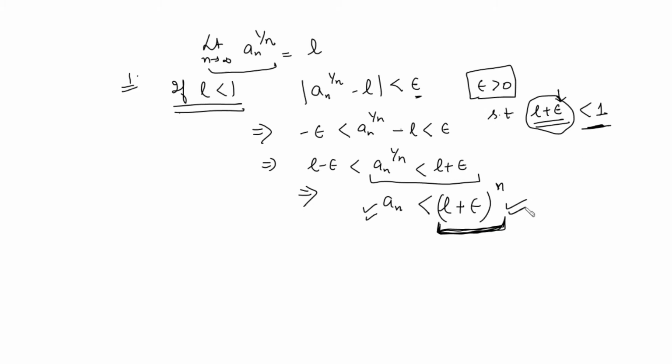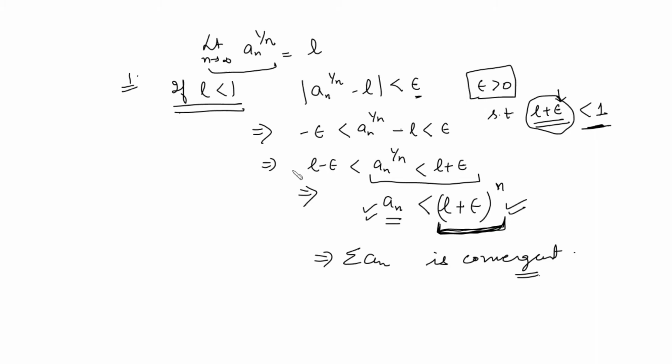So this series is convergent. So if this series is convergent, and this is strictly less than this, then by direct comparison, the given series a_n is also convergent. Right? So whenever your L is strictly less than 1, this series is convergent.